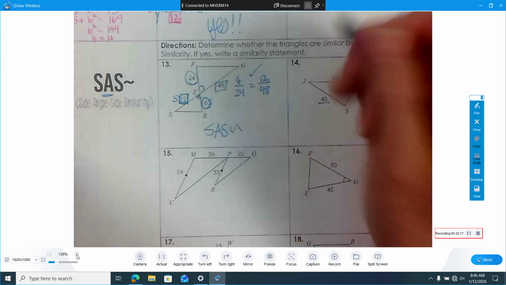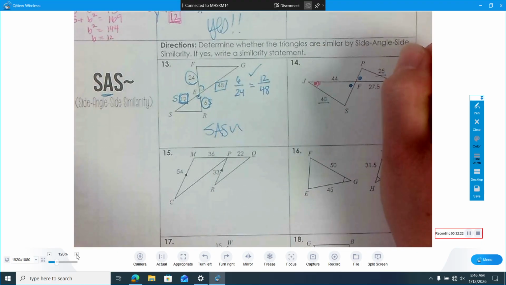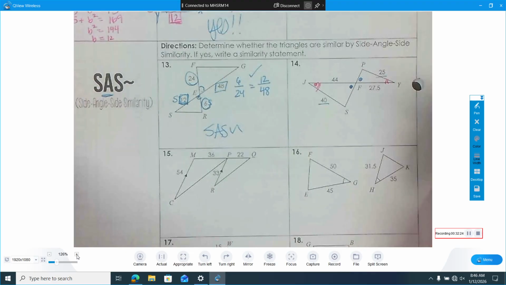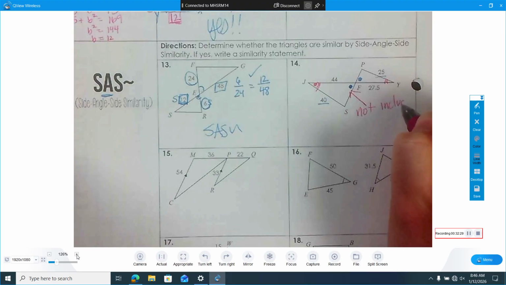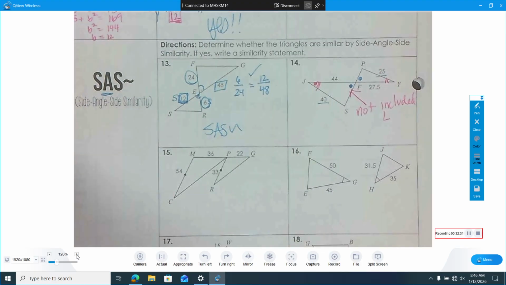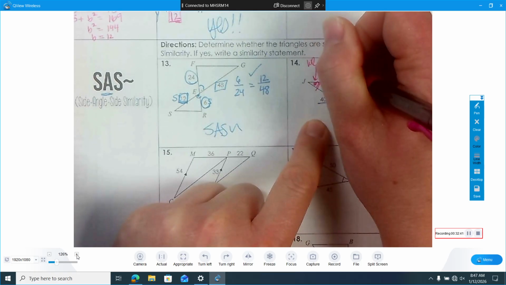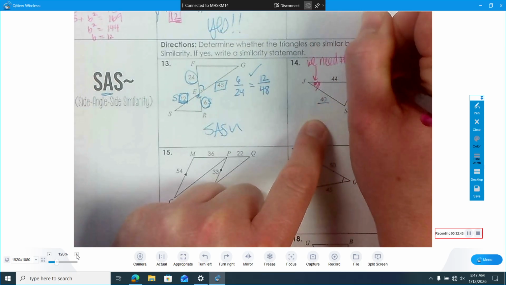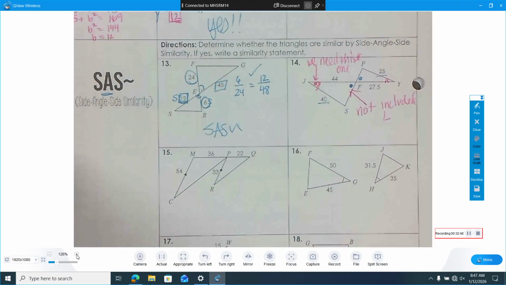No. We would need this angle right here and this angle over here to be congruent. So the angle here is not an included angle. And so we can't use side angle side because that angle that we know is congruent is not in between our two sides. We'd need this one. We need this one. All right. So we have to be very careful when we use side angle side that we get the right angles.